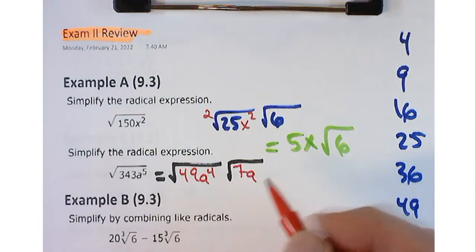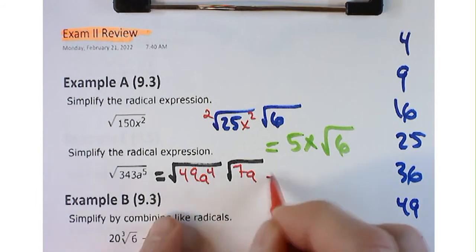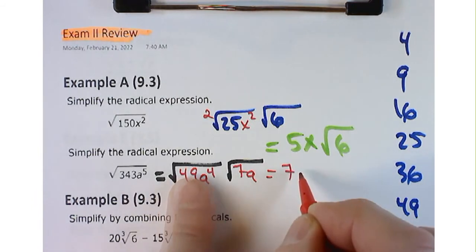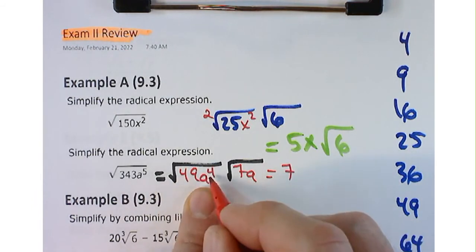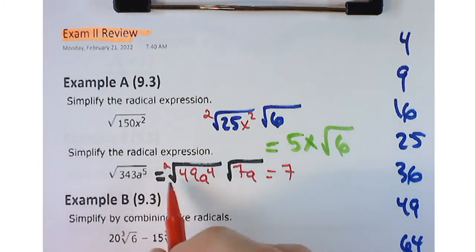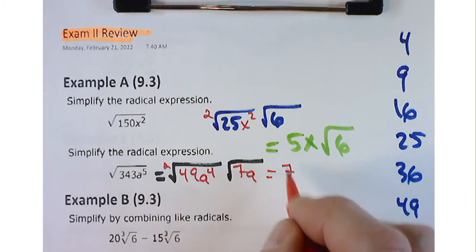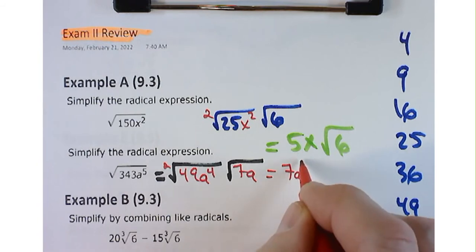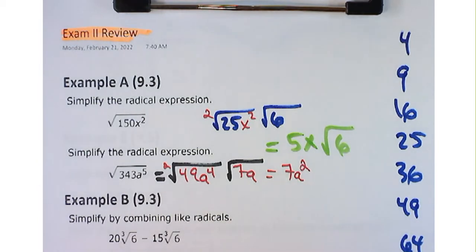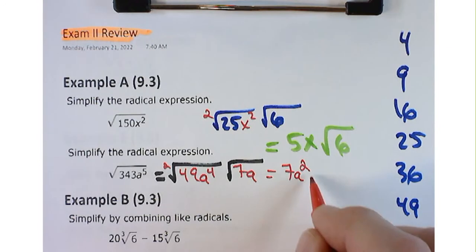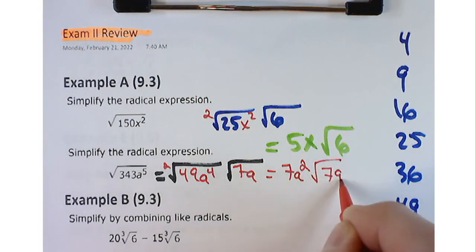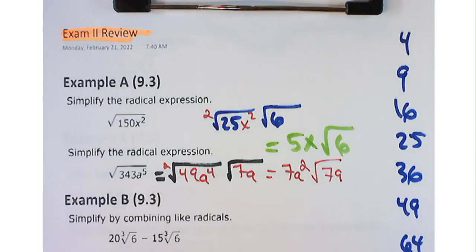So now we're in good shape. Now we take the square root of 49, you get 7. For the square root of this, keep in mind our work from rational exponents, that's really 4 divided by 2. The 4 over 2 power can be simplified to 7a squared times the square root of 7a. And that's it. Done.